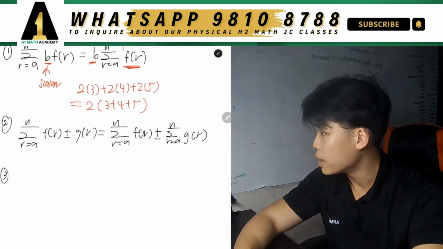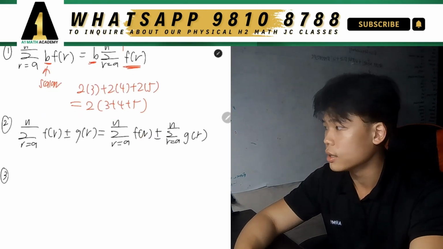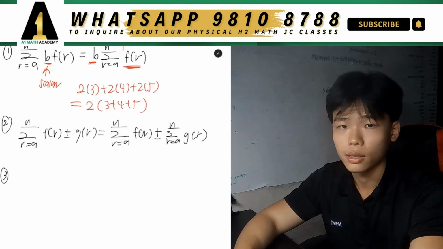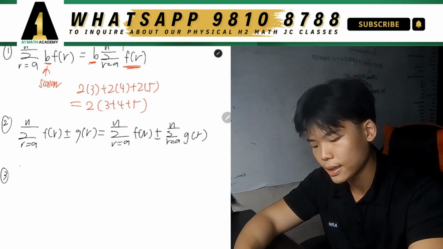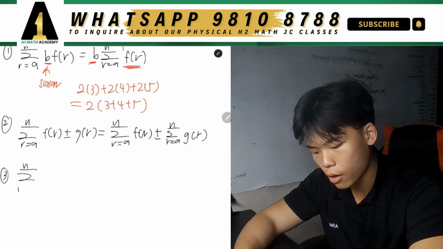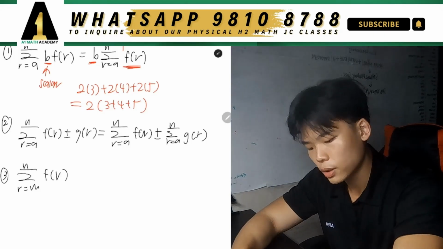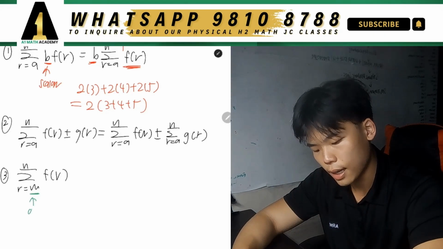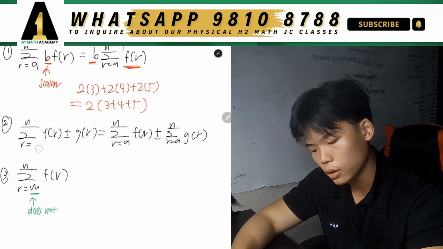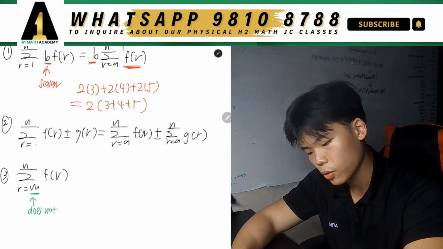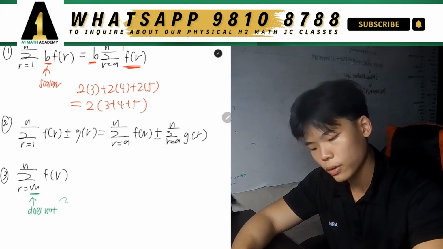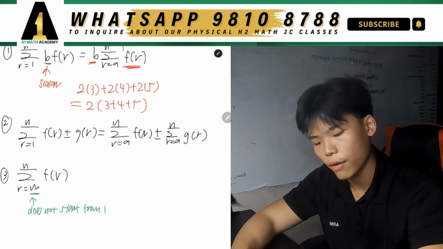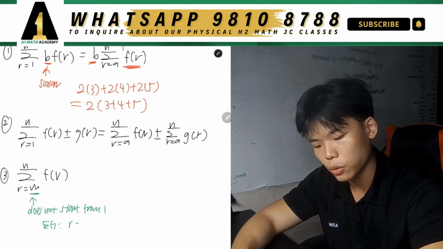Number 3 would be something that I mentioned earlier. It's quite similar to what I mentioned earlier, and that is, let's say I have a summation over here of r equals to m, f(r). I'm just going to put all this to 1 over here to make it more obvious. So let's say it does not start from 1. For example, let's say r equals to 3.